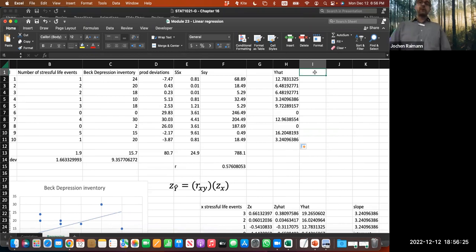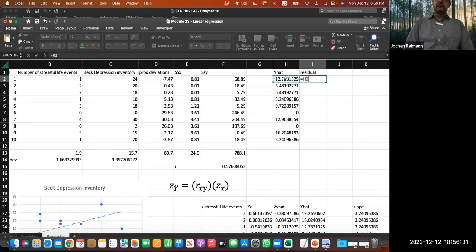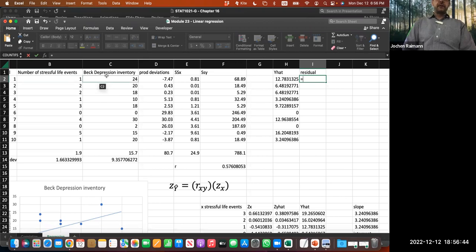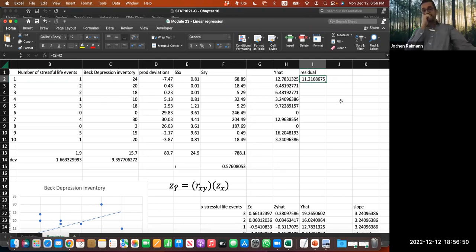So now we want to calculate what's that error, what's this residual error. And this can be done by y hat minus the actual observation. So you can always do it the other way around. You can calculate this minus y hat. It's actually more intuitive in a second look. So we have now here an overestimate, an underestimate of 11.